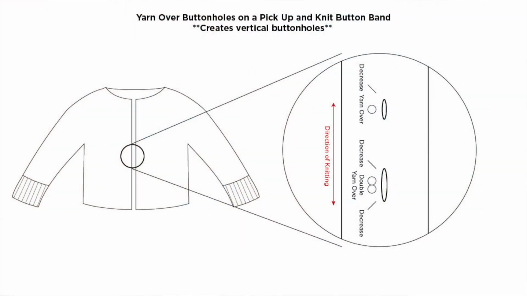Now, verticality relative to one stitch for a single yarn over is probably not quite accurate, but you are creating the yarn over the width of a stitch, which is now running this way up your body. So it would be one row tall this direction and one row wide this direction. Hopefully the example on the screen is giving you a good visual of what I mean by that.